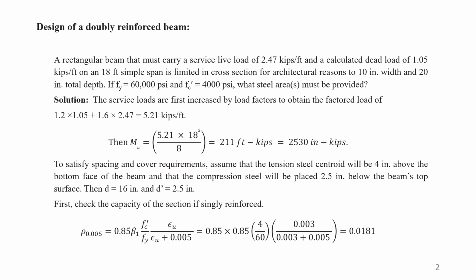The general equation for rho, as we have discussed in earlier classes, is 0.85 beta 1 f prime c divided by fy, times epsilon u divided by epsilon u plus 0.005. If we put the values of f prime c and fy as 4 and 60, and epsilon u as 0.003, then the value of rho is 0.0181.